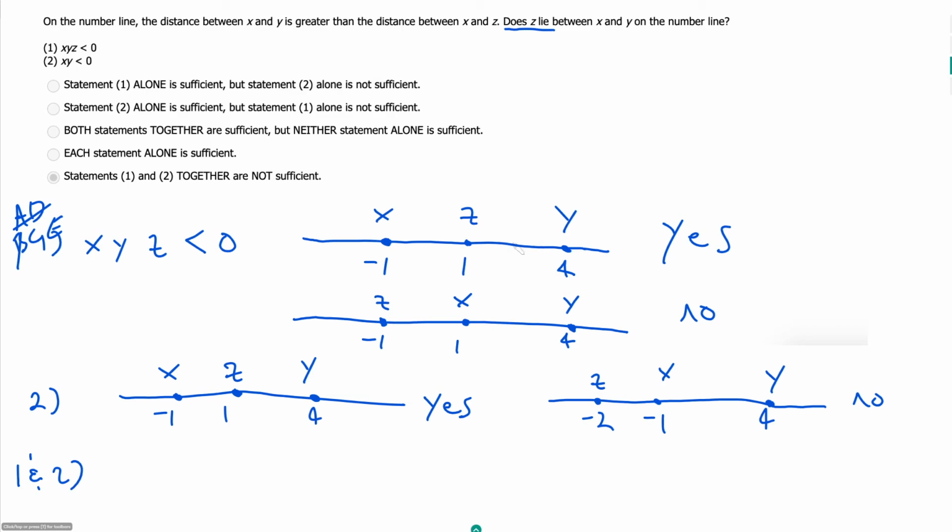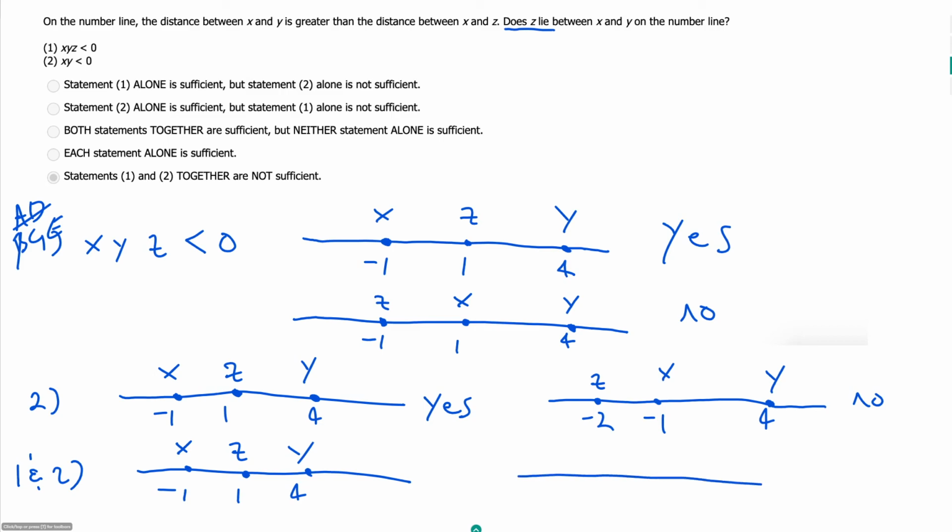And so when I'm looking at them together, again, I know I can reuse this first example here because I used it in each of my statements. And so again, I'm starting with a yes: x, z, y at -1, 1, 4.